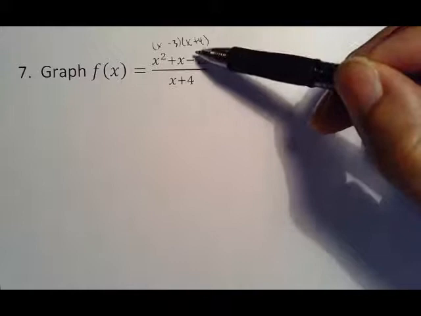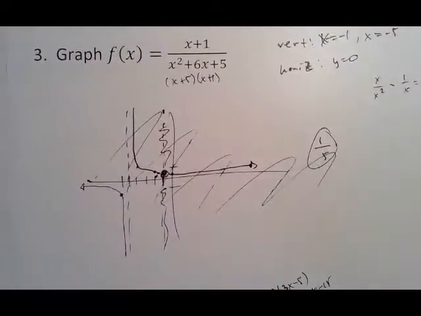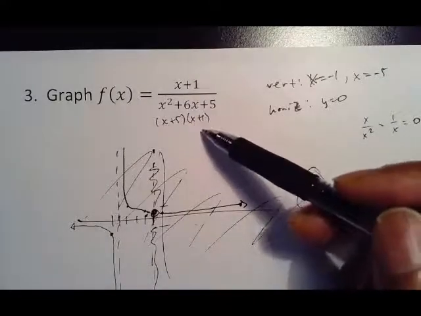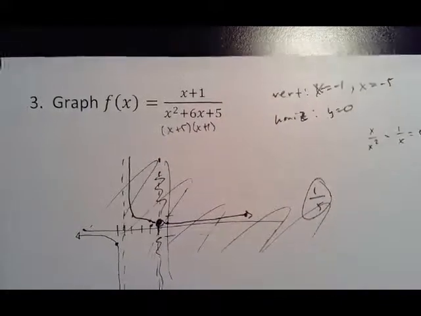anytime that those were the same, let me go back and see if I can find it. Yeah. Going back to 3, that was not an asymptote, because x plus 1 and x plus 1 are both in the numerator and denominator, so it's not an asymptote.